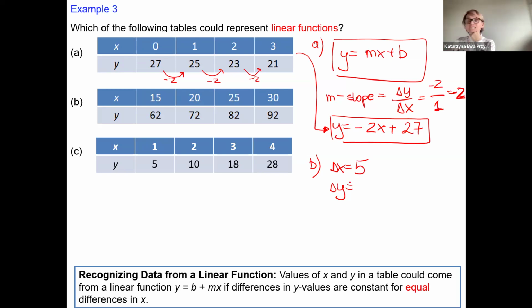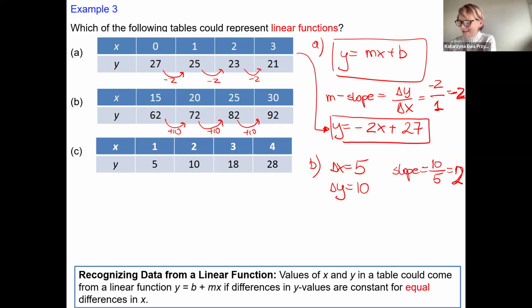The slope for the first one is -2 because we have 1 change in x, 2 units down. But this one is changing by +10, +10. That means slope is changes in y over changes in x. For part B, the slope is 2.